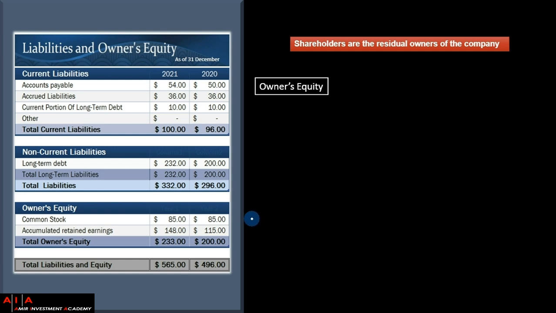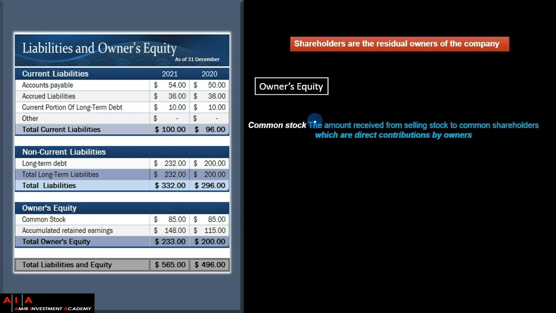Now, common stock is the amount received from selling stock to common shareholders, which are direct contributions by owners, right? So that's one way that we can finance the assets, through selling common stock to shareholders.